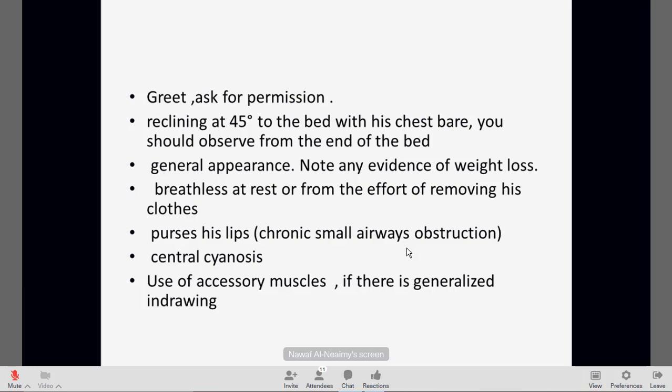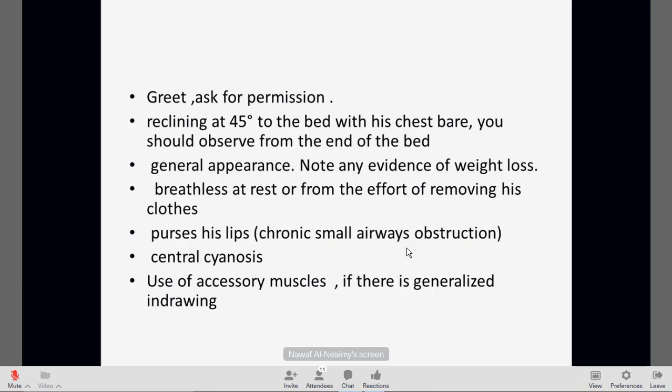So now we are standing from the end of the bed. You can take a look about the general appearance. You can look to estimate the body build.